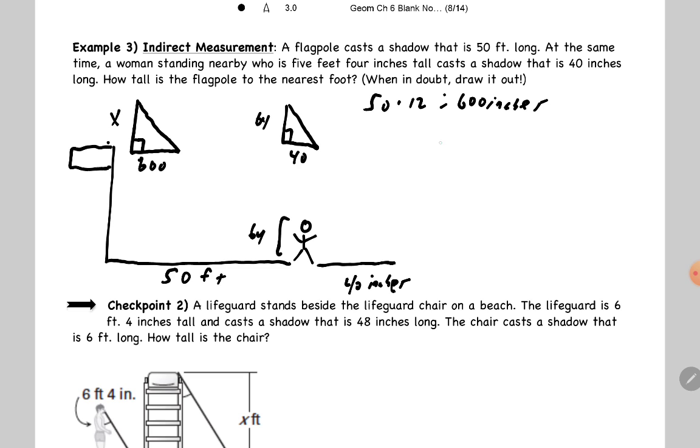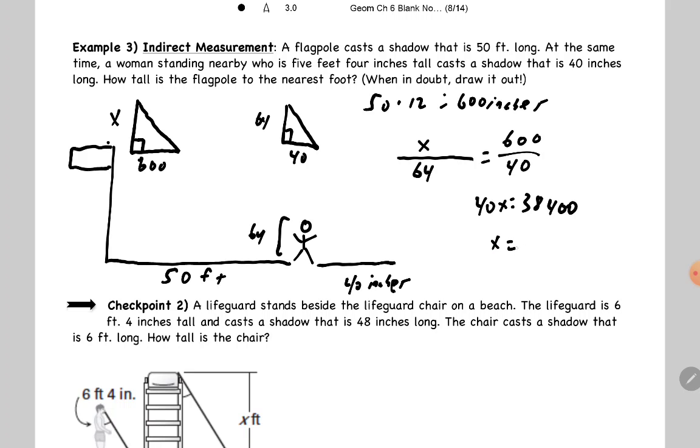So let's say I want to know the height of the flagpole, and we're going to compare that to the height of the person and set that equal to the length of the flagpole's shadow, which is 600 inches, over the shadow of the person, which is 40 inches. And when you do cross multiplication, you'll get 40x equals 38,400.